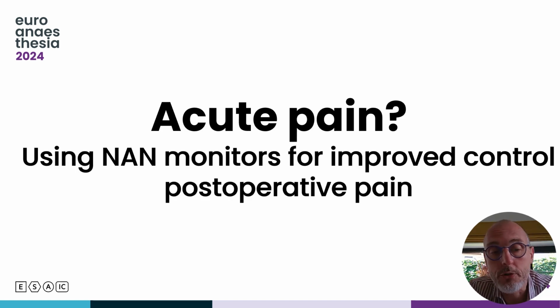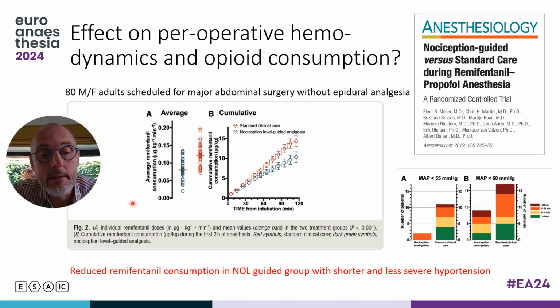First, let's have a look at the acute pain. In this example study, using a nociception level monitor to titrate remifentanil, it's shown that there's a 20 to 30% reduction in the cumulative amount of remifentanil given throughout surgery, and this has an advantageous effect on the risk of hypotension and the severity of hypotension during the surgery.